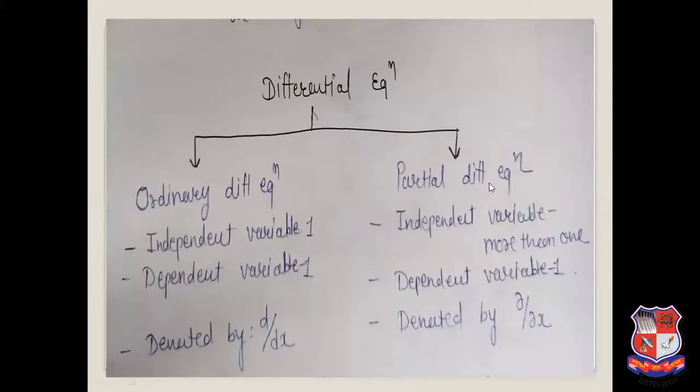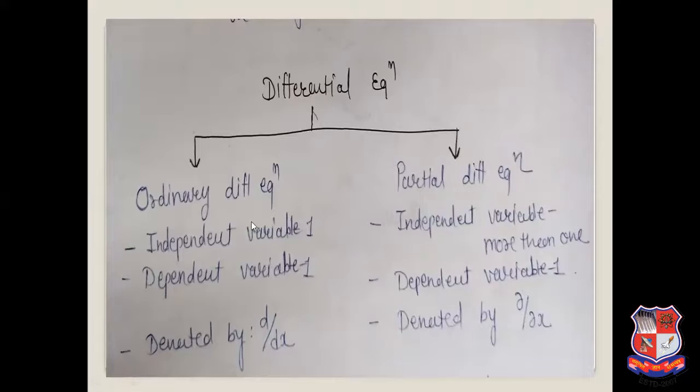In this equation, independent variable is more than 1 and dependent variable is 1. So, in short, if independent variable is 1, then it is called ordinary differential equation. And if independent variable is more than 1, then it is called a partial differential equation.